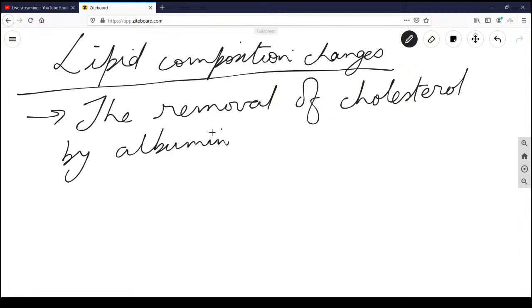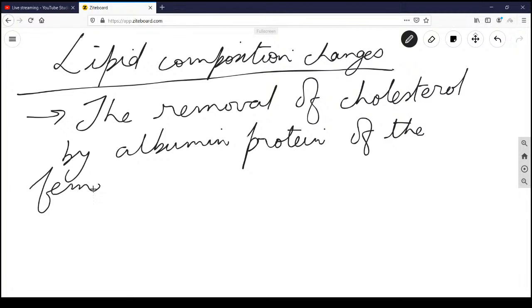You might have heard of albumin, which is the most abundant protein in the human blood, right? Albumin, globulin, fibrinogen, and all. These are the globular proteins. So the albumin proteins are present in the female reproductive tract.